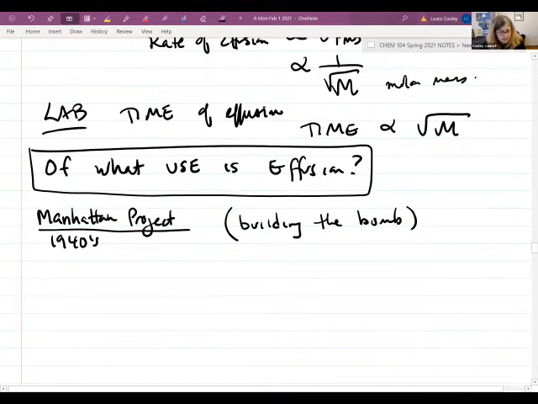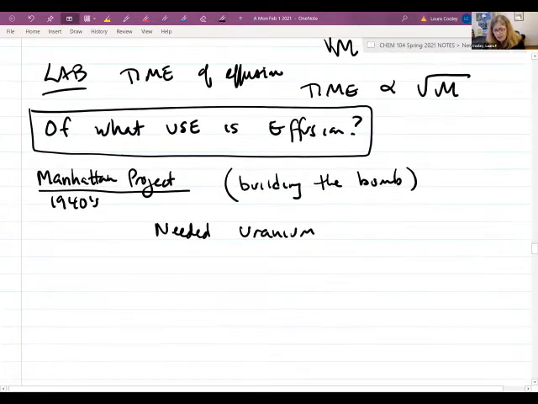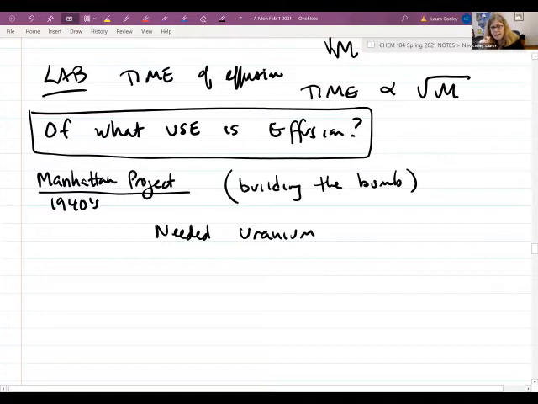And whatever you think about that, the way that had to be done was you needed uranium. But uranium has a very tiny percentage of the kind of uranium that's needed, which is the radioactive uranium. There are two main types.